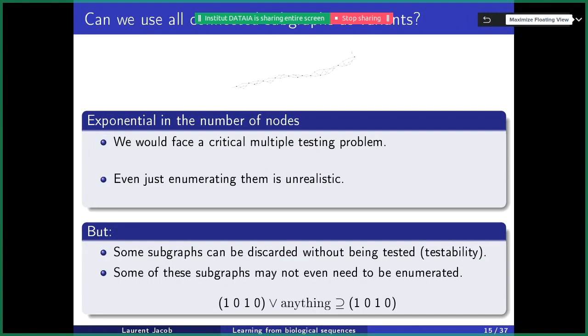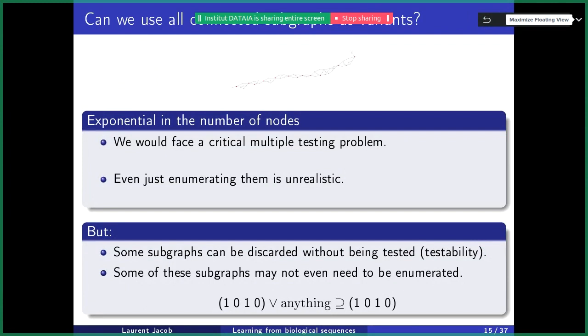You know that it cannot be associated with anything because everybody has it. It's not technically a variant. The idea of testability is to quantify that and be a bit more subtle. Even if not everybody has it, if too many people have it, even if I don't look at the correlation with the phenotype, it's impossible that it's associated with anything that has significance. So I can discard it.